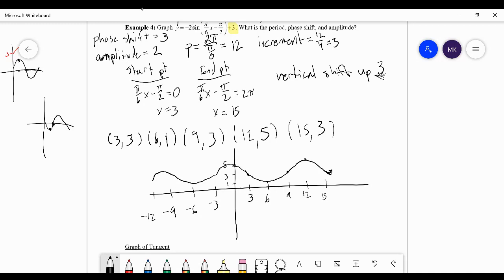So right here, our function is back at the midpoint, so it's going to continue down. But if you were to ever stop your function, say at this high point here, make sure that your arrow doesn't look like it's going up, like the function is just going to take off, because that's not what happens, right? So make sure that you have a little bit of an arrow like that.